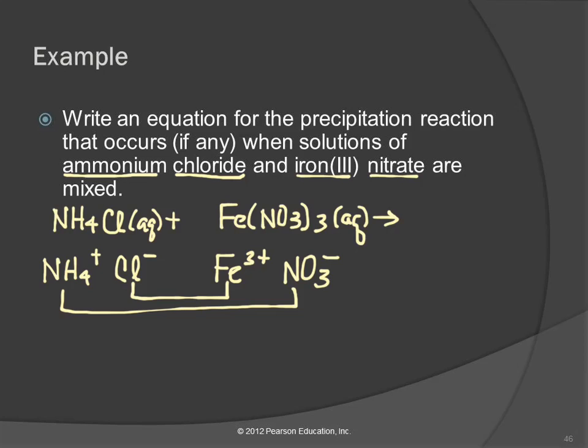So as the products, I'm just going to write these with their new partners. The exact order doesn't matter, but it's always the positive ion first, and then the negative ion. So we're getting ammonium and nitrate, and then we're going to have Fe, forgot the charge, Fe 3 plus and Cl minus.